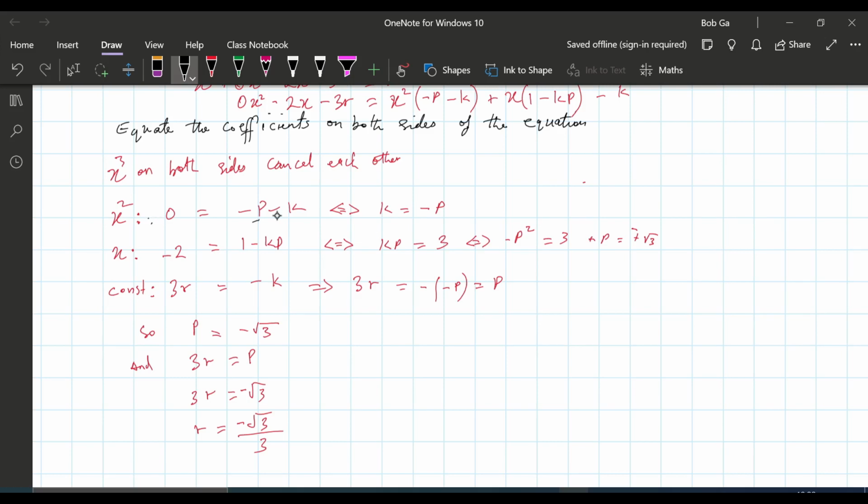So we have negative k is equal to p, because p crosses over and the sign changes. Then we multiply both sides by negative, since we are looking for k, not negative k, so we have k equals negative p.